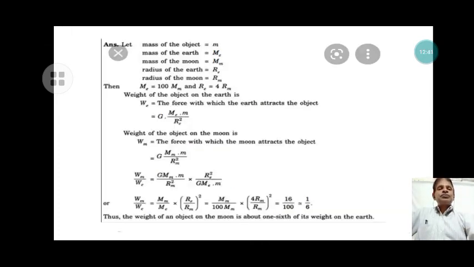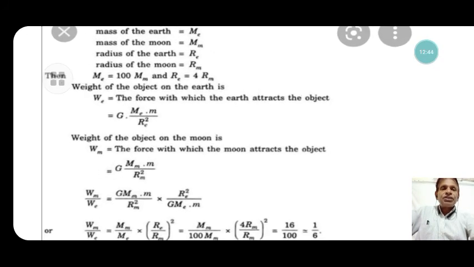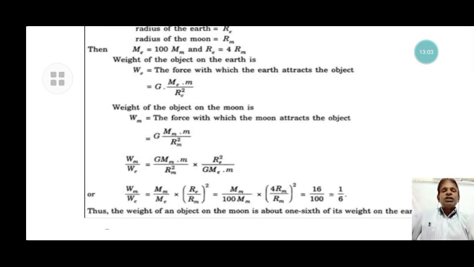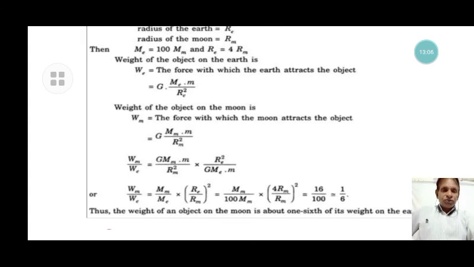Here everything is the same, but we express M_e, the mass of the earth, as 100 times the mass of the moon, and R_e as 4 times the radius of the moon, R_m. When we put in the values, W_m by W_e is equal to m by M_e times R_e by R_m, with the mass of the moon over the mass of the earth.